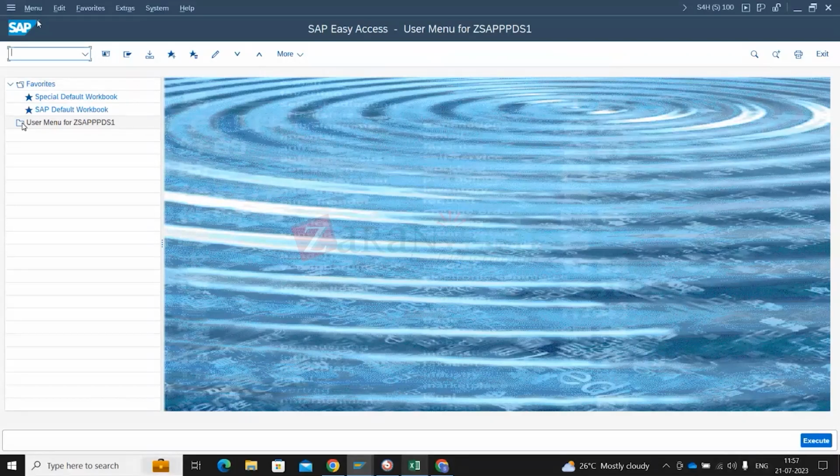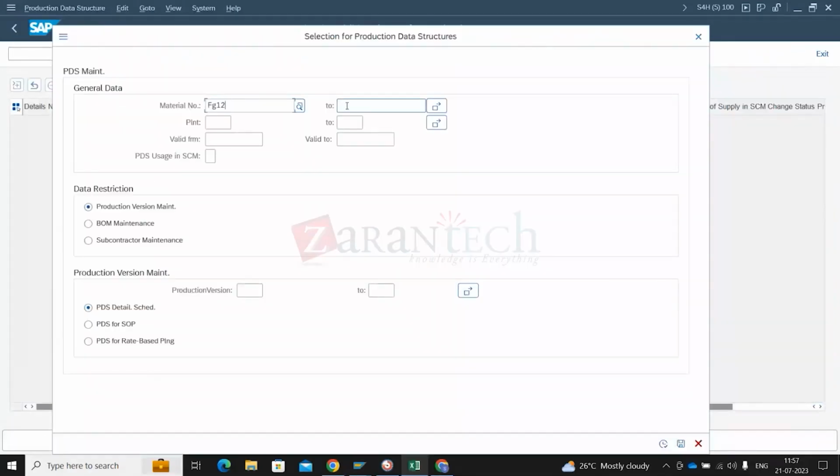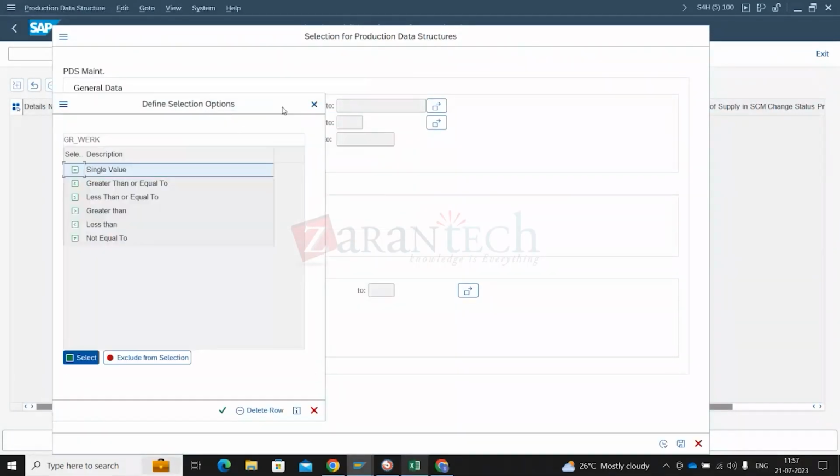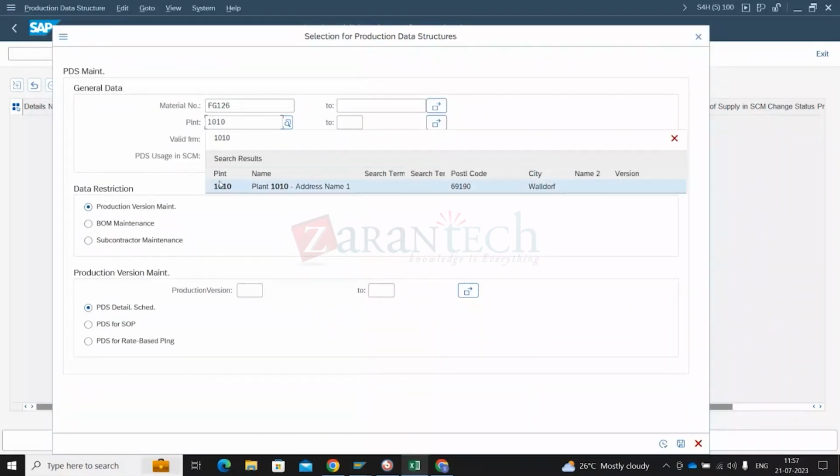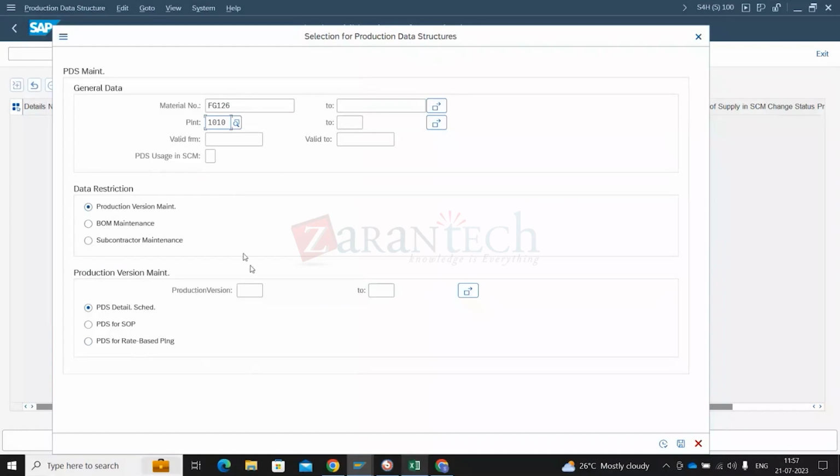So there is a transaction called PDS_MAINT, not SAP APO. This is an ECC or S4 specific transaction. Go in there and see whether the PDS is generated. So your FG126 and 1010. Production version based PDS, all these things are selected.